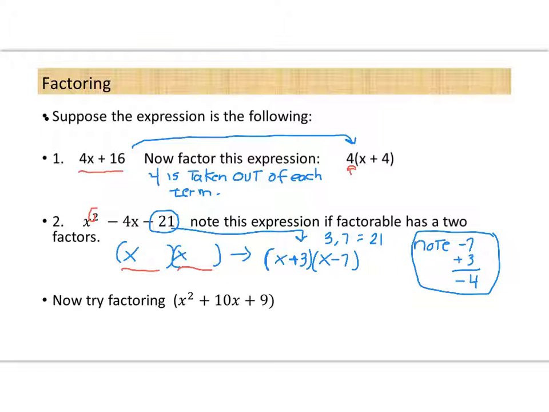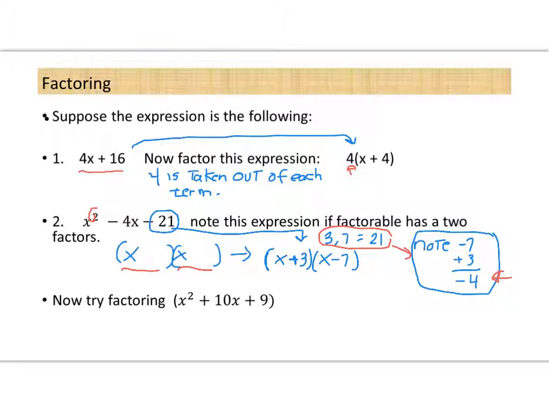So to factor this, I look at the last term of the 3 terms, and I notice it's 21, and 21 has 2 factors to it, 7 and 3. And then I come over here and I note that a minus 7 plus 3 is equal to a minus 4. This minus 4 is my middle term in the 3-term expression.